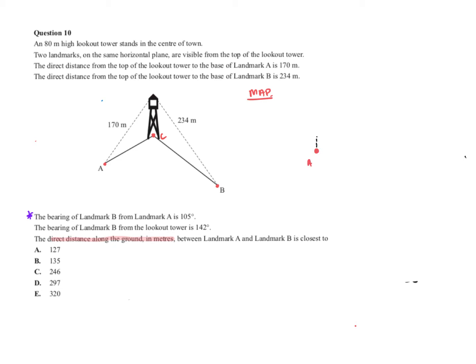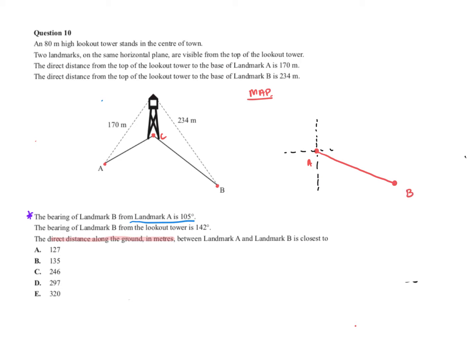I'm going to do like I normally do, put my little compass, because it says the bearing of landmark B from A is 105. So I'm going to draw out 105, which would be out, say, this way, and I get to B.